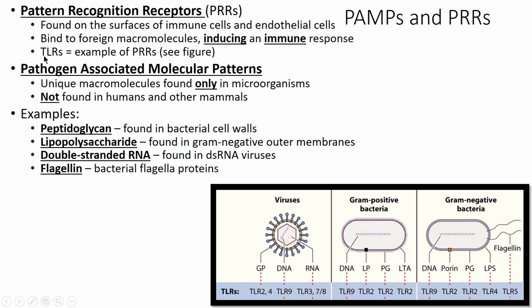So these are specific to TLRs, which are toll-like receptors, which we'll get to on the next slide. Those are one of the most common pattern recognition receptors. These particular foreign entities are picked up by this pattern recognition receptor, and that's a more specific point-by-point reference to each foreign particle and what receptor it is recognized by.